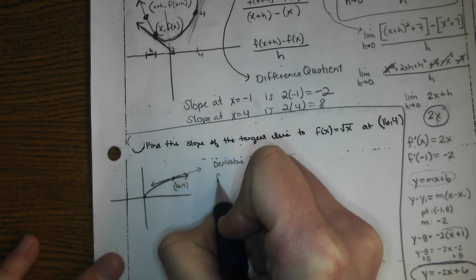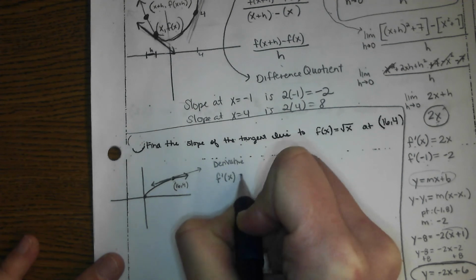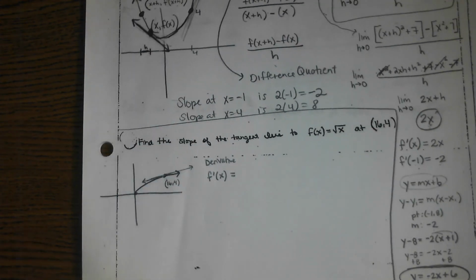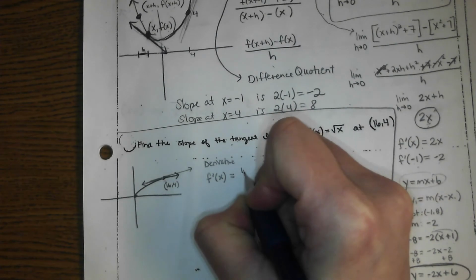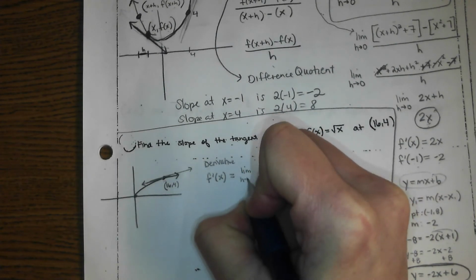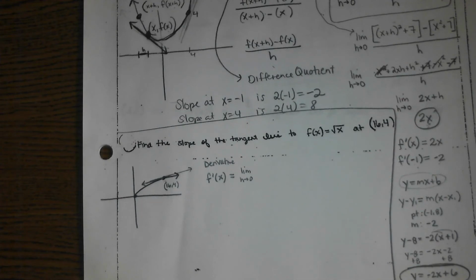So to find the derivative, or in other words, to find f prime of x, an equation for the slope of the derivative, you have to memorize this. It's the limit as h approaches 0. It's the slope formula between 2 points that are h units apart, but we're pinching those 2 points together, and that's where the h is approaching 0, because the closer those points get, the more that secant line turns into the tangent line.